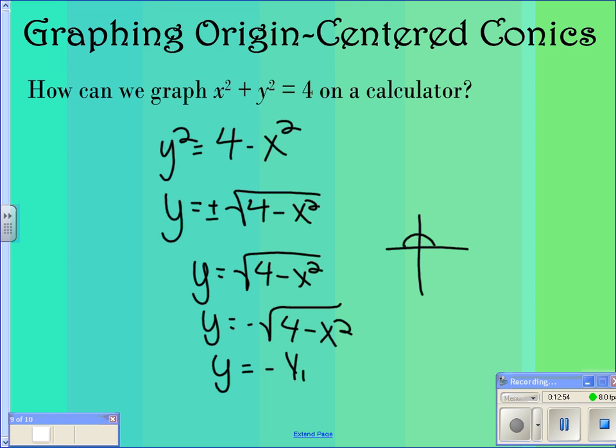Where is it? Hold on. 4 minus x squared.